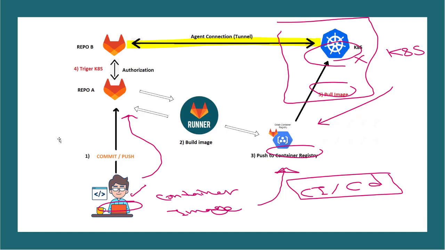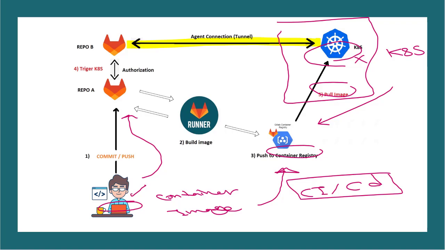At the moment, the CI/CD config file is here, but another repository is connected to the Kubernetes cluster. Here, we have to authorize repository A to make a connection to Kubernetes.